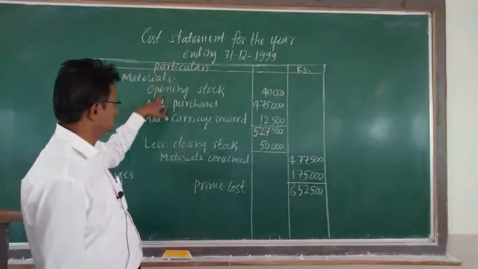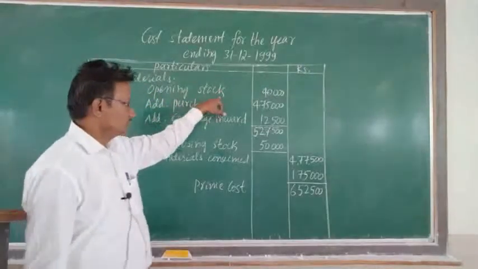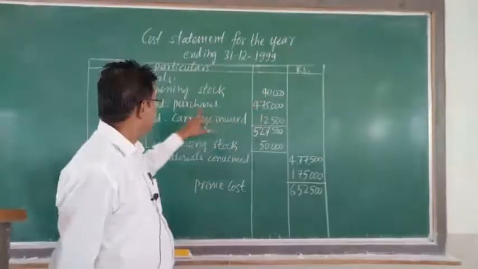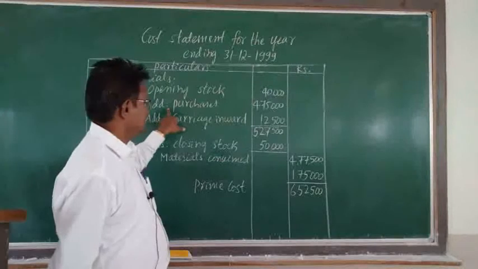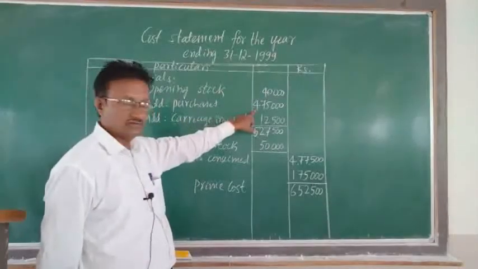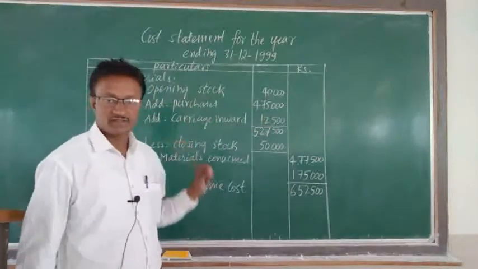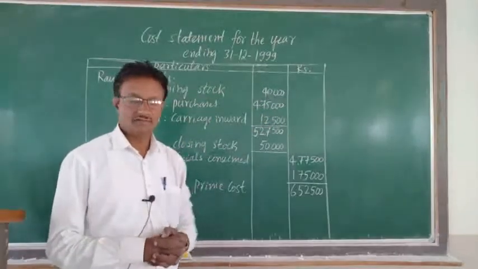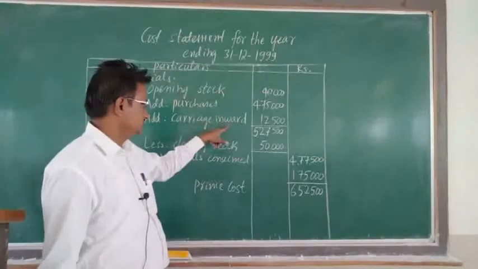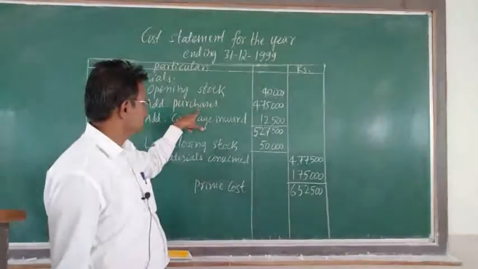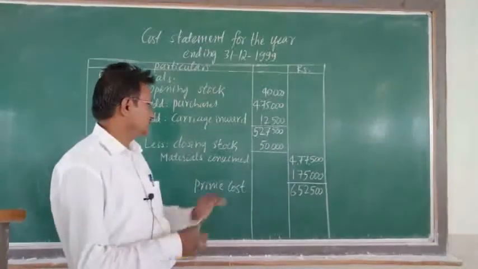Therefore we have to take opening stock. Opening stock of raw material is 40,000. Then add purchase of raw material. Here given is 4,75,000. Carriage inward, it is related to purchase, so it is added to purchases.